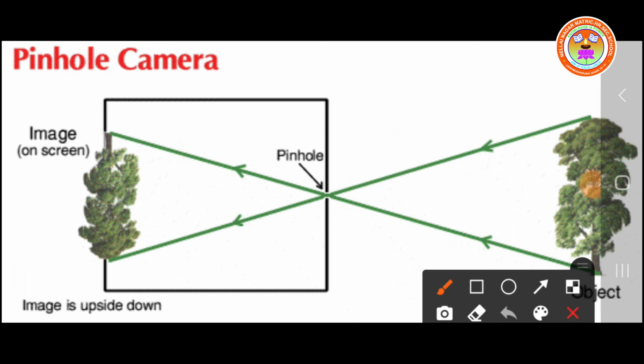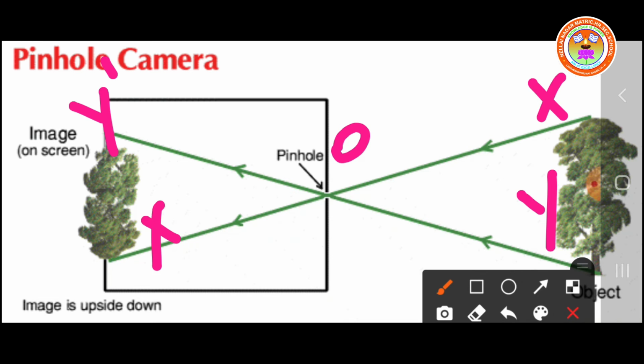Here, O is a small hole made by a pin. XY is the object and Y dash X dash is the image of XY.